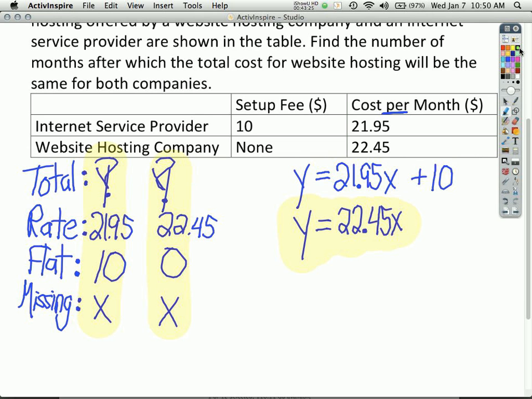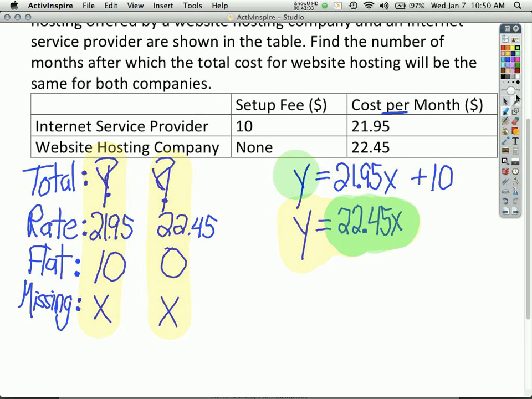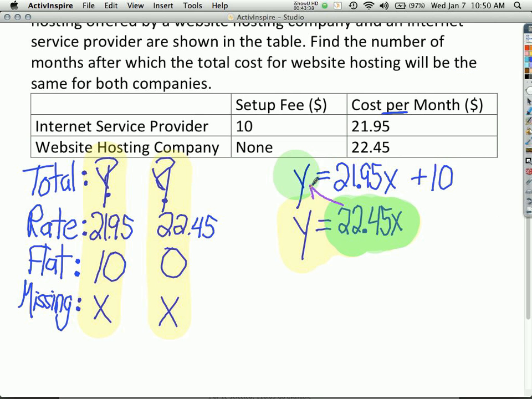And so this can be put in place of that y right there. And we get an equation with one variable, which was the whole point. So if I take this and put it right there, I get 22.45x equals 21.95x plus 10.